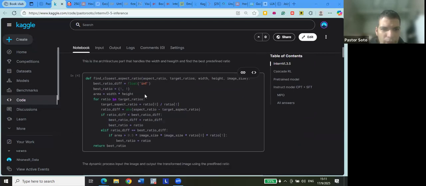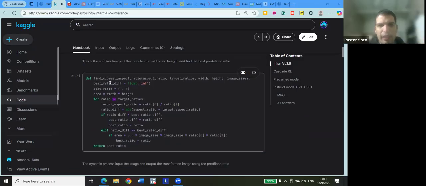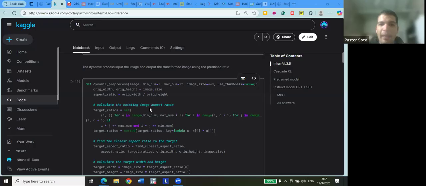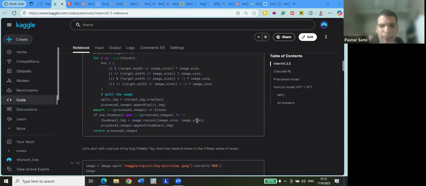Okay. So here you see we put the image and we have this function, find the closest aspect ratio. It doesn't have any intelligence. It just looks at the width and height of your image, and based on that it does the dynamic processing, using those predefined aspect ratios that I provided, and at the end we produce a processed image.